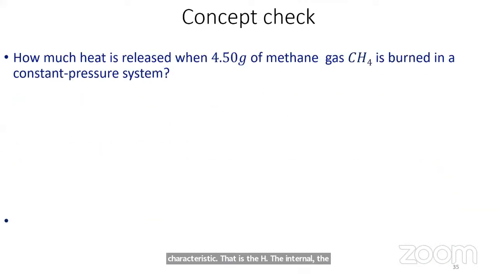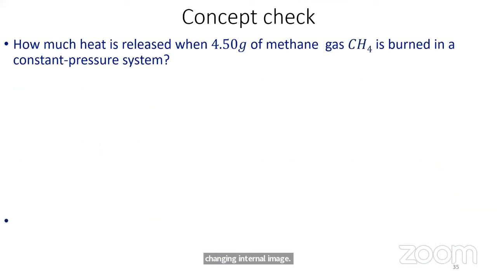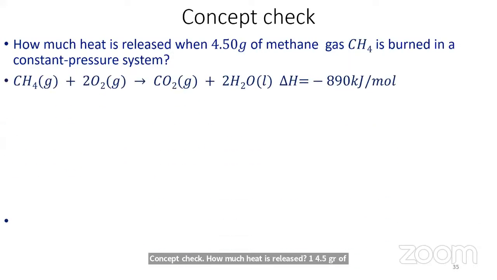So let's look at some calculations. Concept check. How much heat is released when 4.5 grams of methane gas is burned in a constant pressure system? So this question is actually saying that this is your methane gas burned in oxygen. So it's giving you your CO2 and the water. And the delta H is minus 890 kilojoule per mole.